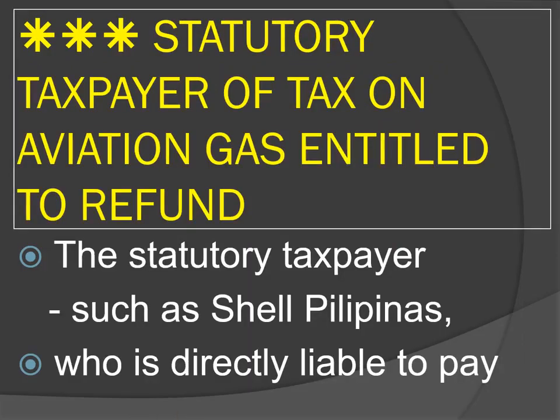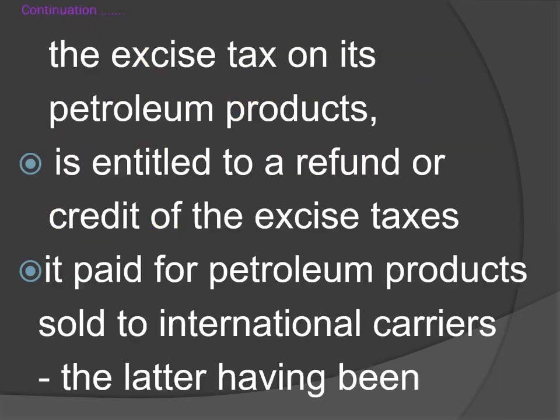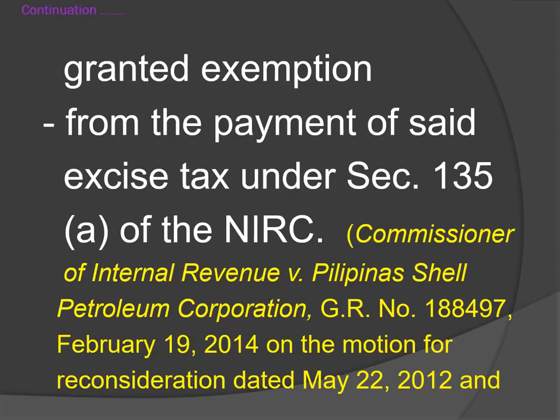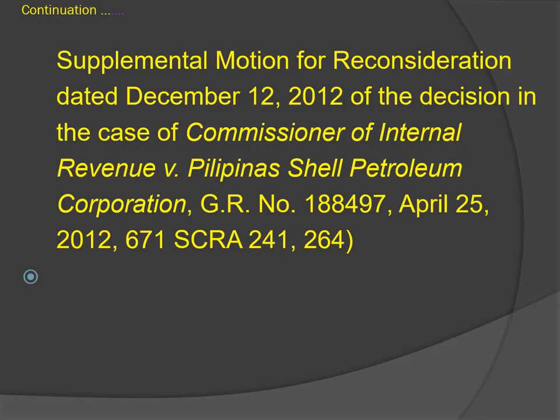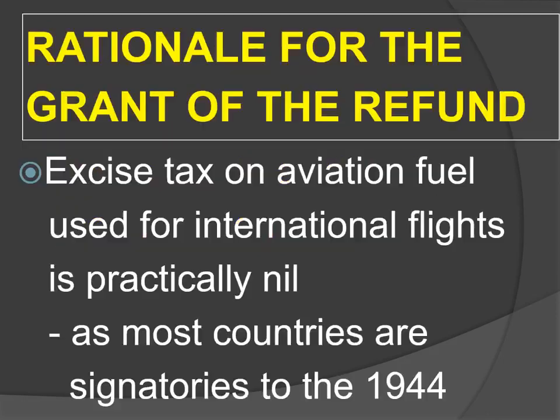So the statutory taxpayer, such as Shell Pilipinas, who is directly liable for the excise tax on its petroleum products, is entitled to a refund or credit of the excise tax it paid for petroleum products sold to international carriers. The latter have been granted exemption from the payment of the excise tax under Section 135 of the NIRC. So take note of the case citation here.